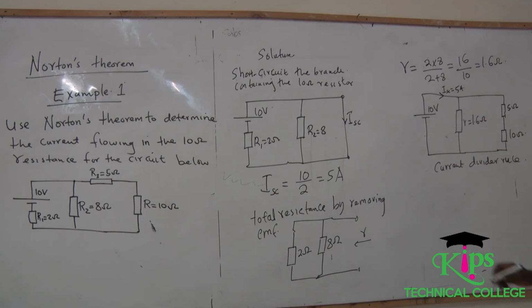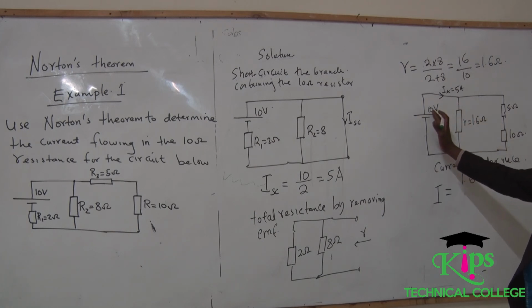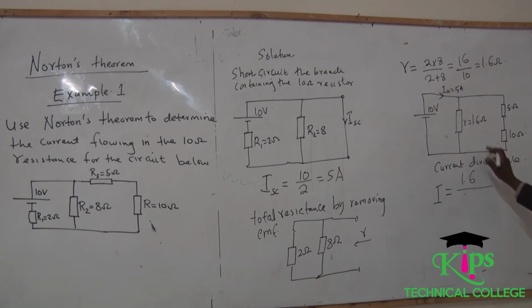So the current passing through the 10 ohm resistor will be given by 1.6, this resistor, over the total resistance, this plus this, 1.6 plus 5 plus 10. Then you multiply by the total current in the circuit, which is 5. Of course, this is 1.6 divided by 6.6 plus 10, which is 16.6, times 5.